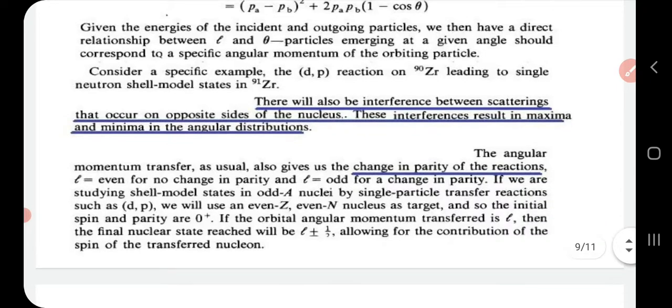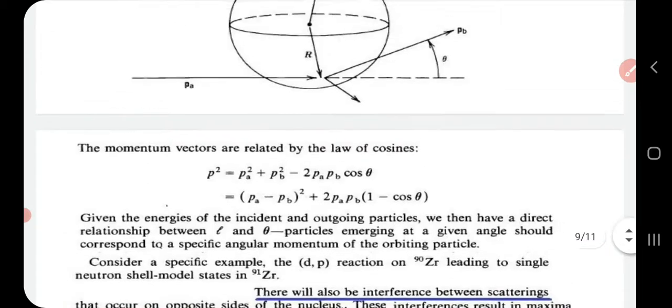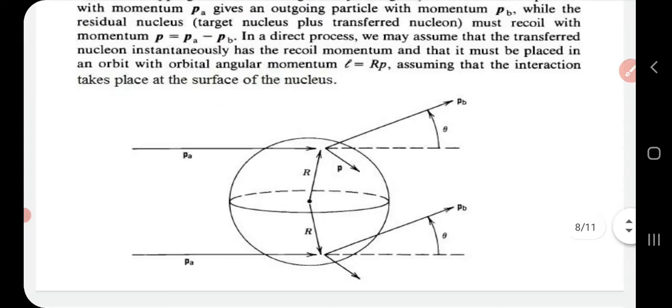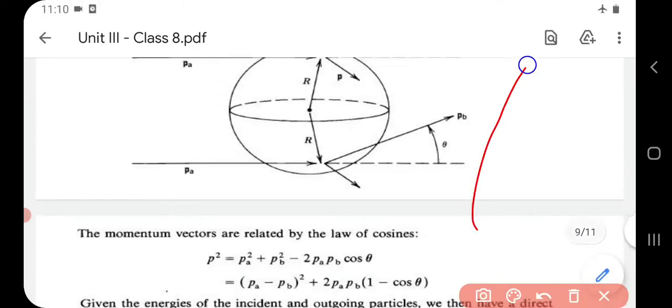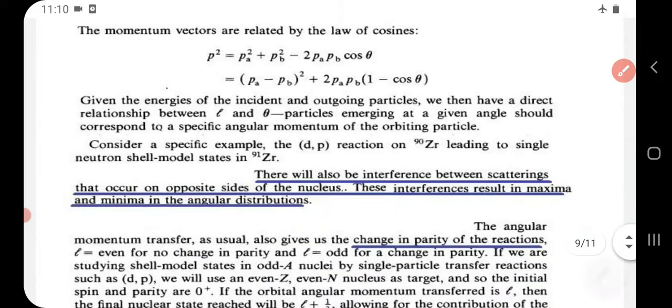Now there will be interference between the scatterings. Because of the scatterings occurring at the opposite ends of the nucleus, there will be interference effects. These interference effects will give you maxima and minima in the angular distributions. This experiment, if you want, you can skip, but after that you can just write this sentence.